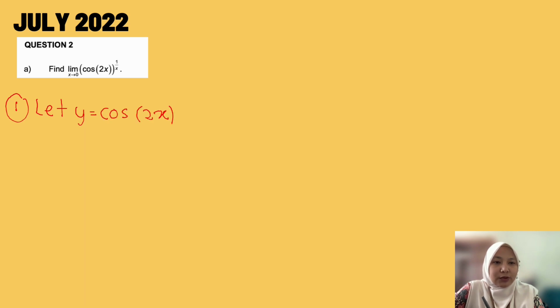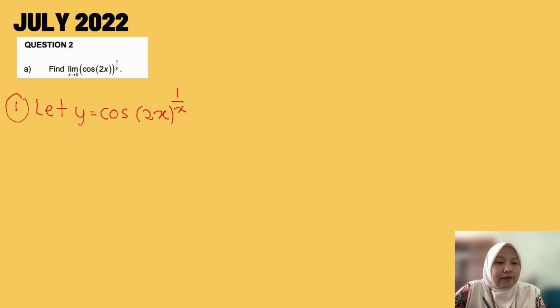For these questions we cannot straightly evaluate the value of the limit, so in order to solve this, we need to apply a method.